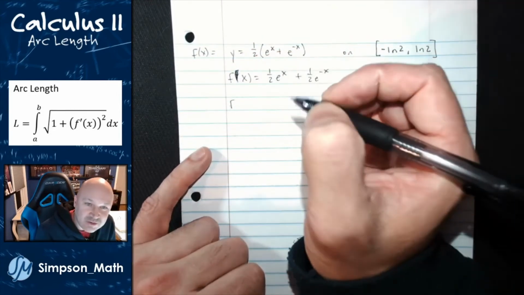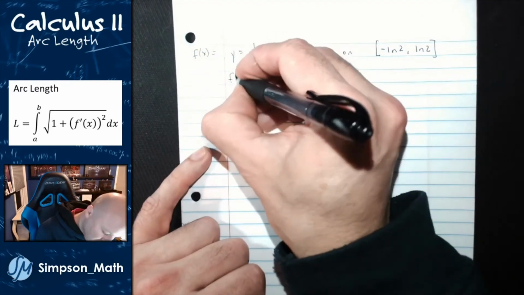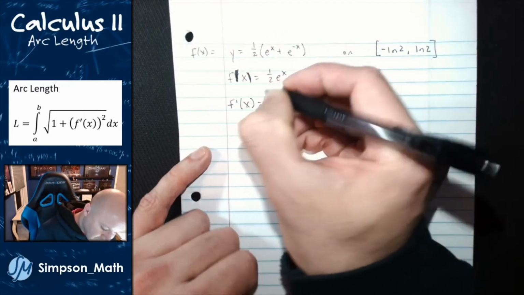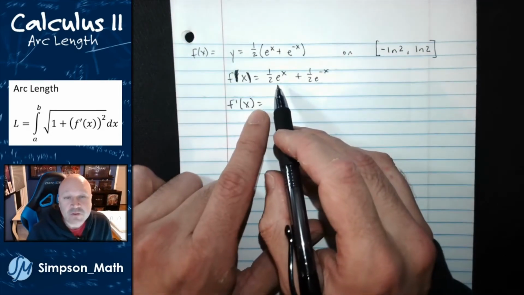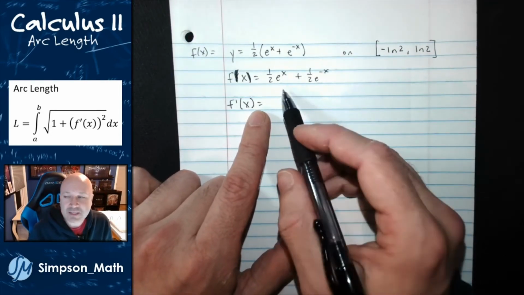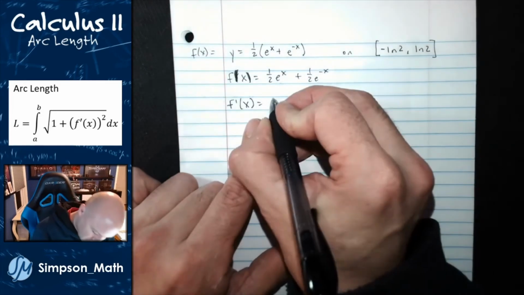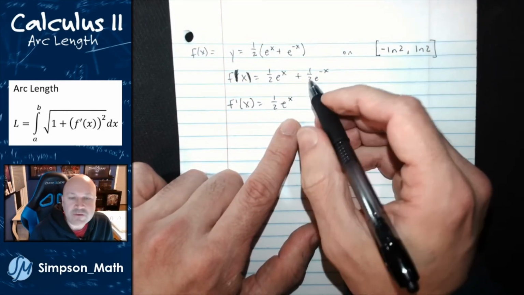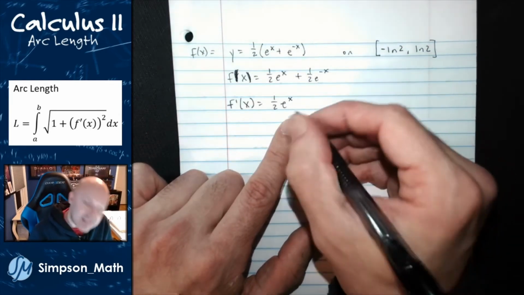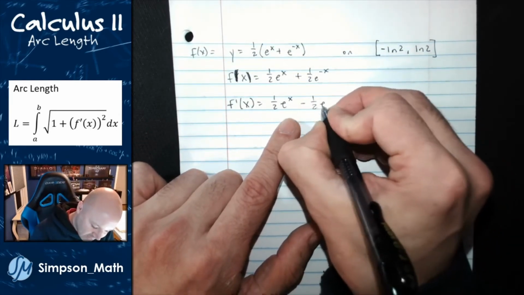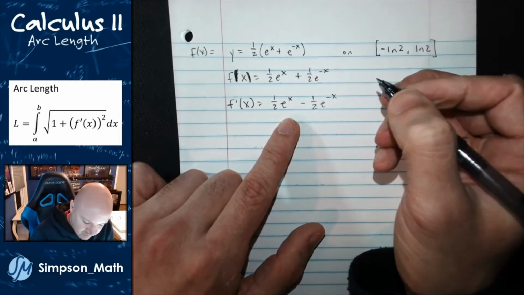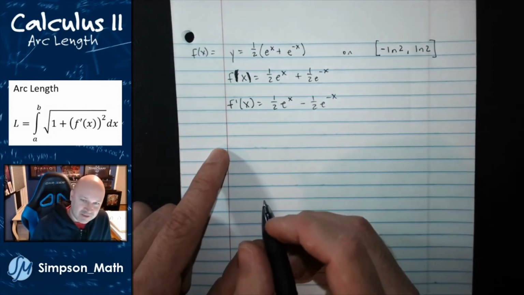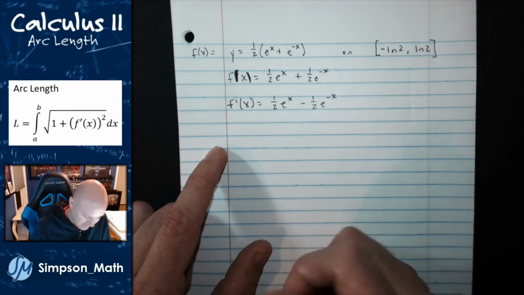I was going to take the derivative in that step, but I didn't. So let me destroy the prime and write the prime here. I'm now taking the derivative. The derivative of 1/2 e to the x is 1/2 e to the x. And then the derivative of 1/2 e to the negative x is a negative 1/2 e to the negative x. I think that 1/2 really came from the beginning. I just forgot how derivatives work.